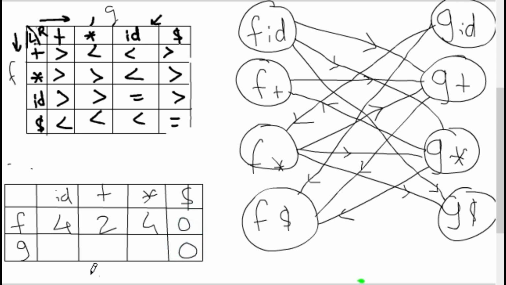Now let us look at G ID. Let us start with G ID. G ID goes to F dollar directly. So there is one path. Again, the second path is it goes to F star, so 1, F star goes to G star, so 2, G star goes to F plus, so 3, and F plus goes to G plus, sorry, F plus.